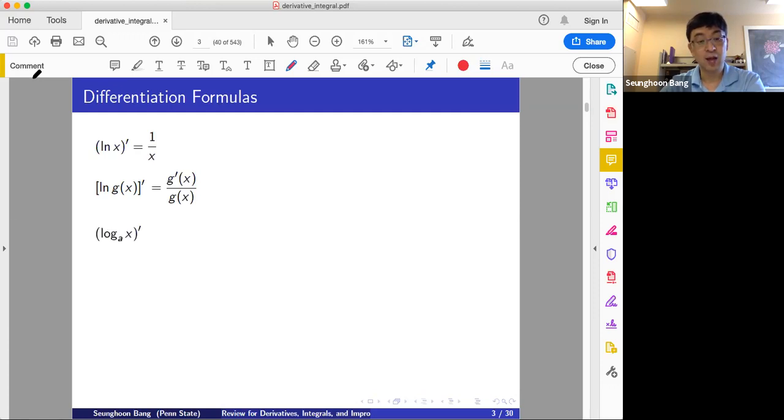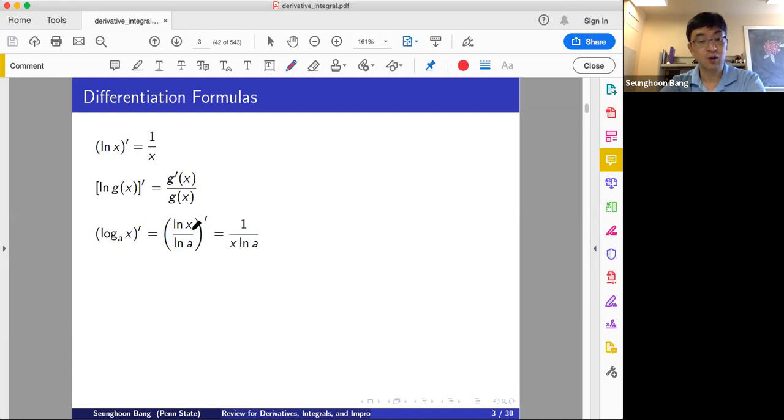The log x with base a prime is, do you remember? Could you write your answer on the chatting board? What is the answer? X prime is 1, you're right. And log base a of x prime is 1 over x times ln of a, because you can use base change. The log x with base a is exactly the same as ln of x over ln of a.